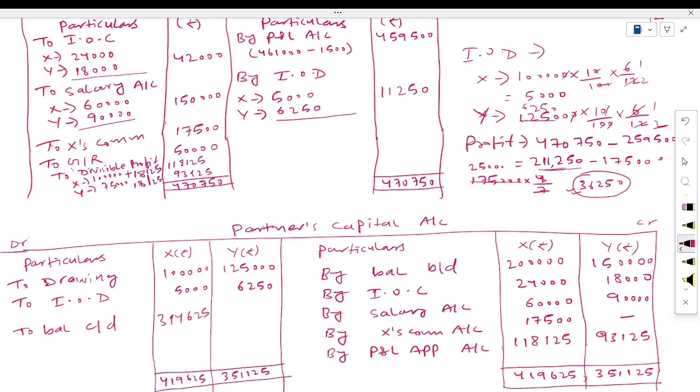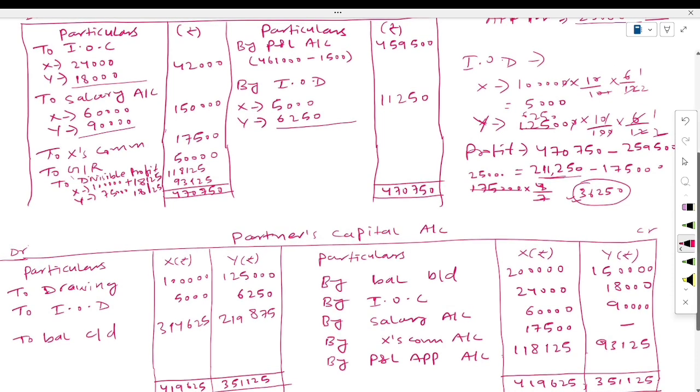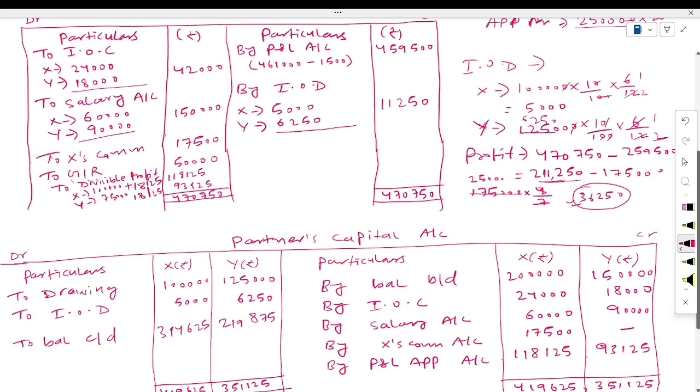And for Y, 3,51,125 minus 2,19,875. So this is the balancing figure. This is all about the preparation of profit and loss appropriation account and partners capital account.